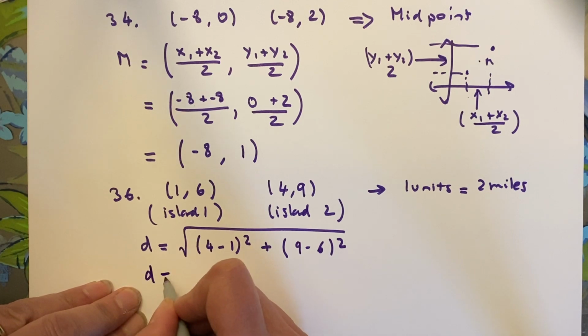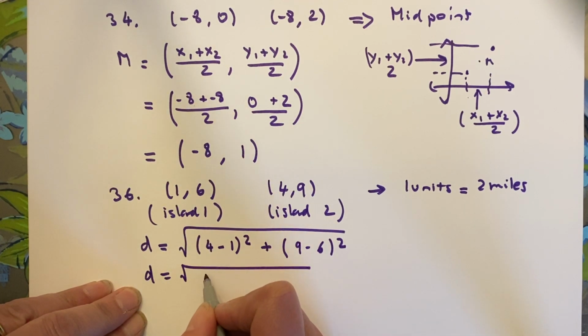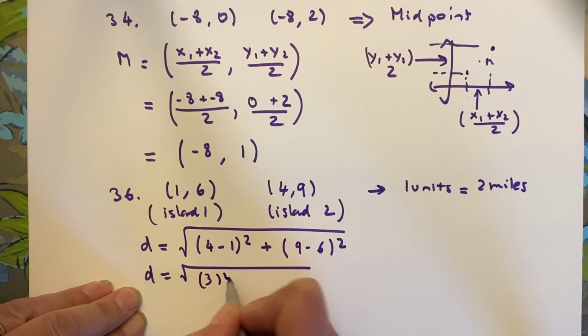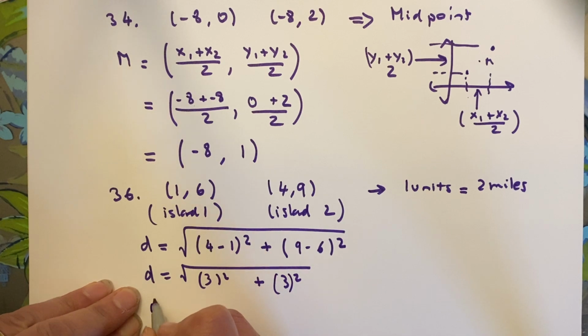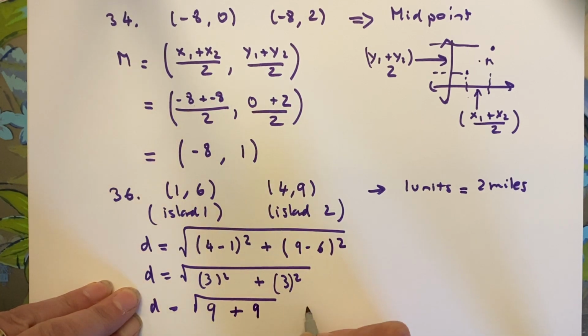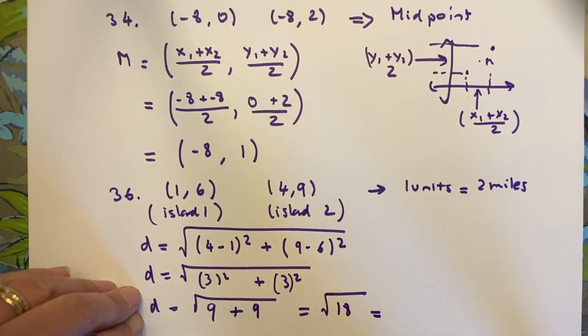When I do that, I'm going to end up with a square root of 3 squared plus 3 squared. So I'm going to end up with a square root of 9 plus 9, or the square root of 18.